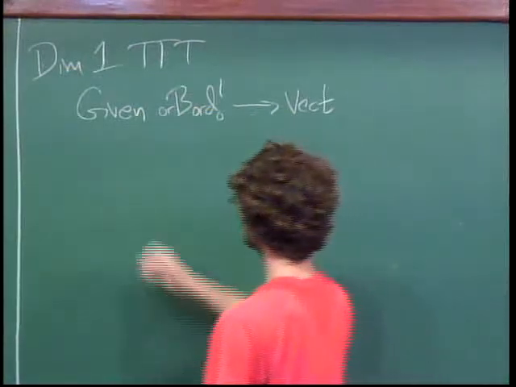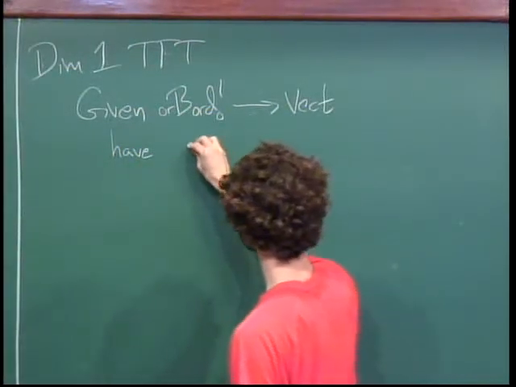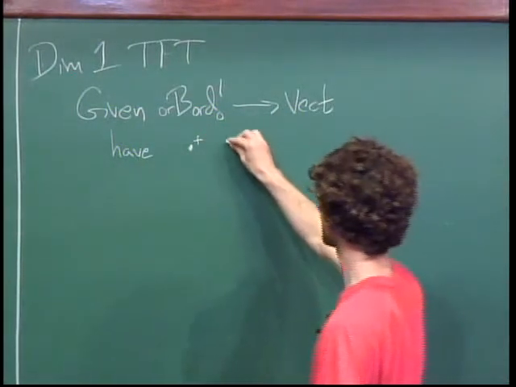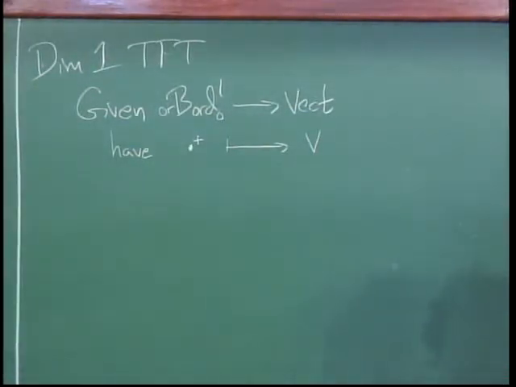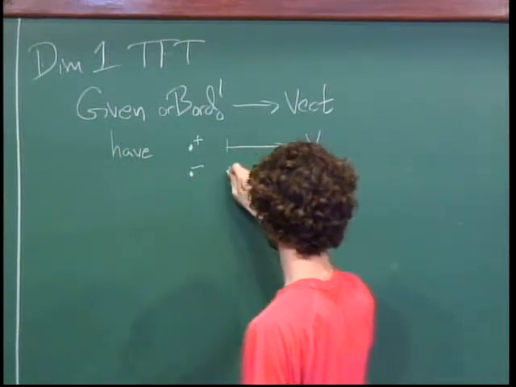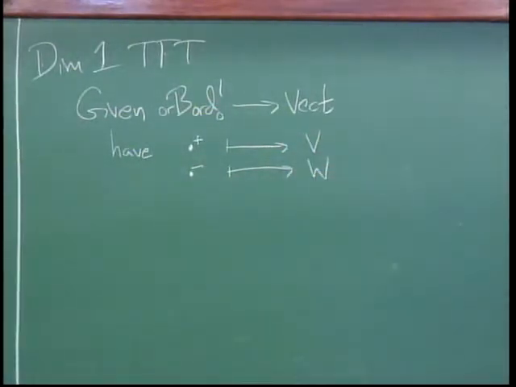What does that give us? So let's look at where various manifolds go. So suppose we start with a positively oriented point that gets sent to some vector space, which I'll call V, and then the negatively oriented point gets sent to some other vector space, W. And now what kinds of bordisms do we have between zero manifolds?